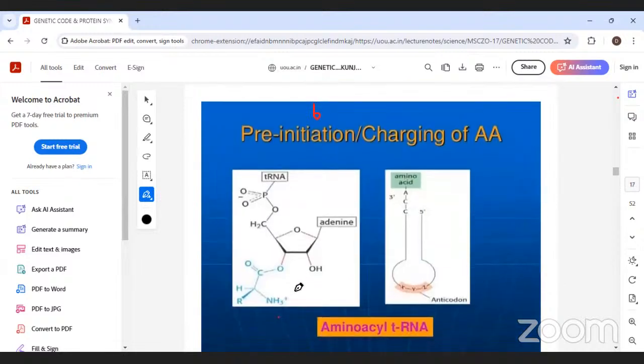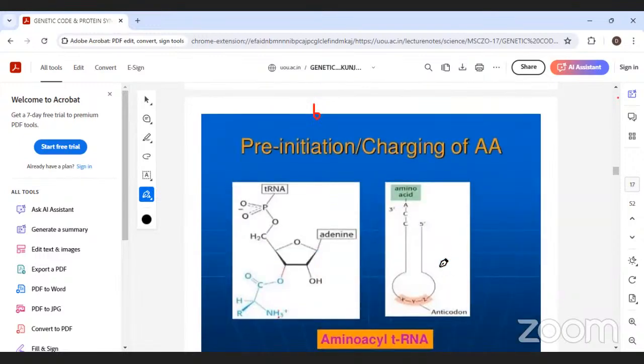What is pre-initiation? Pre-initiation is the charging of amino acids. Say, this is a tRNA, transfer RNA, cloverleaf model. AUG is the anticodon, and the amino acid is attached at the 3' end. These are the three anticodons.